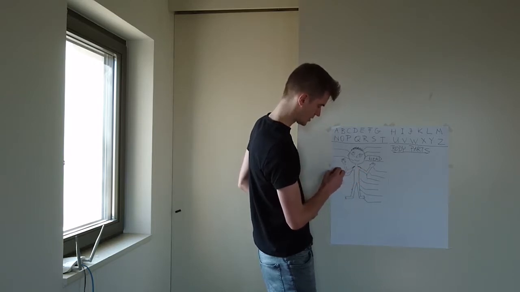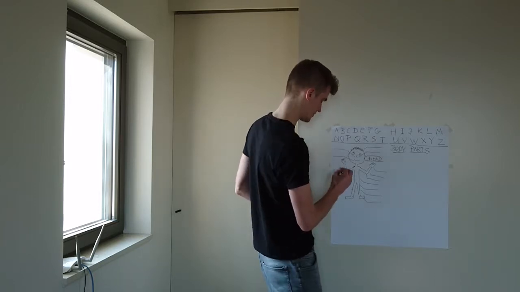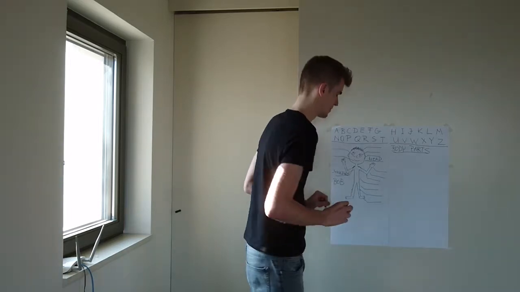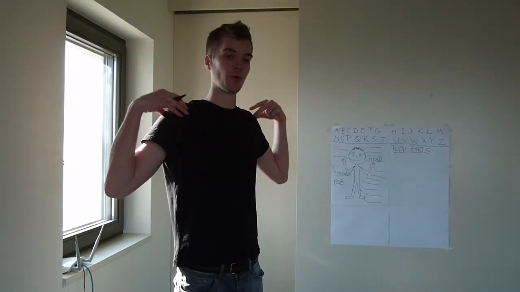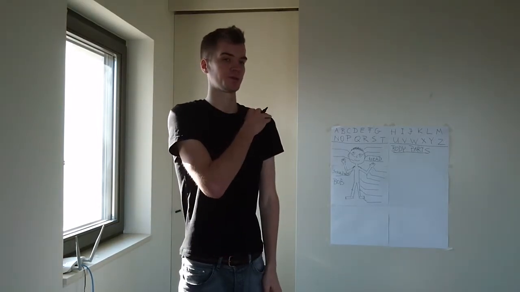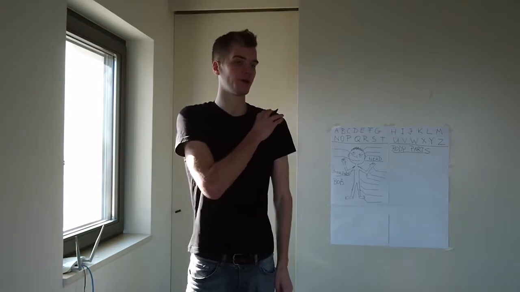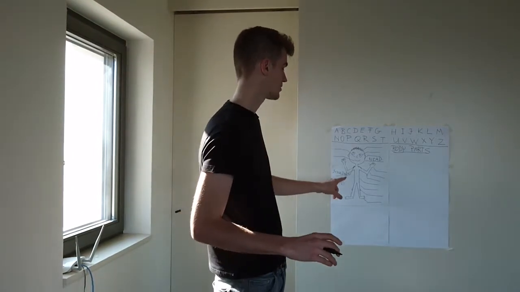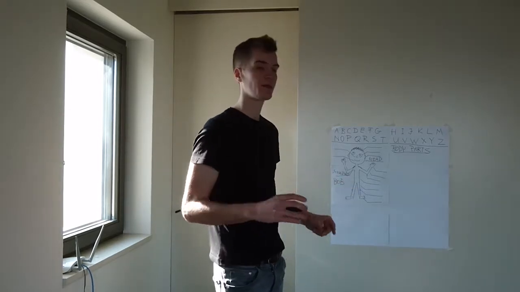Shoulders is both of the shoulders. One shoulder, 2 shoulders. One shoulder, this is the other shoulder. If you're just talking about one shoulder, then you don't say the S at the end.